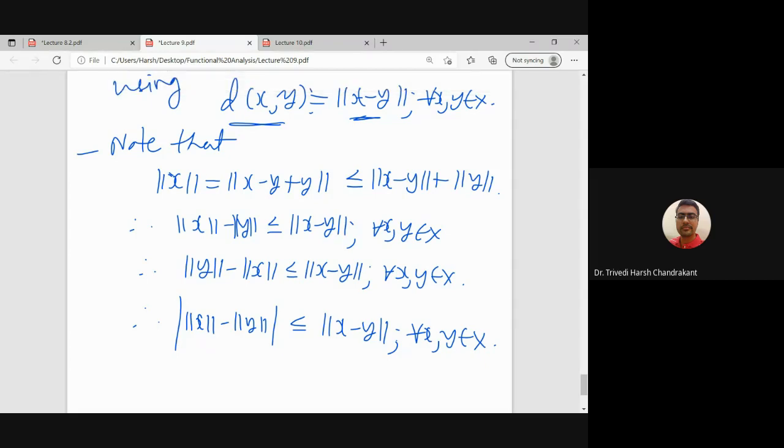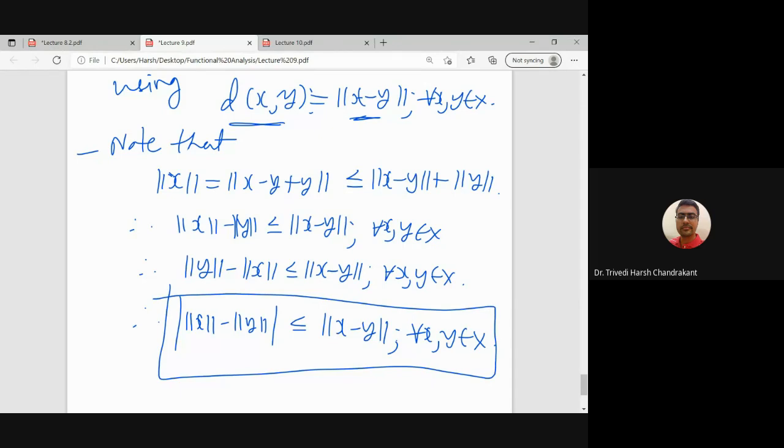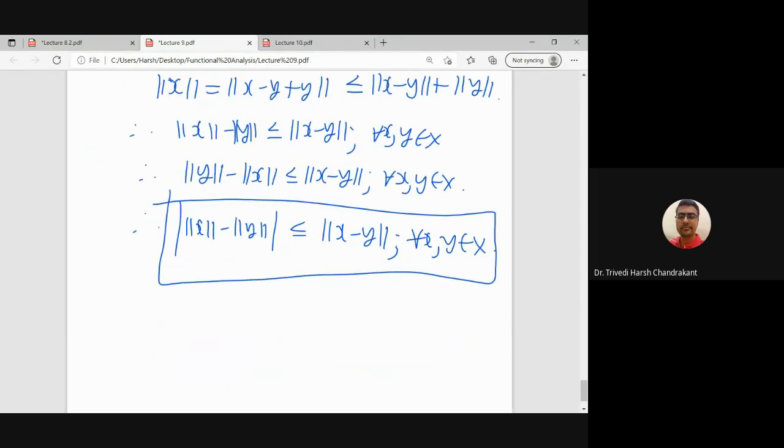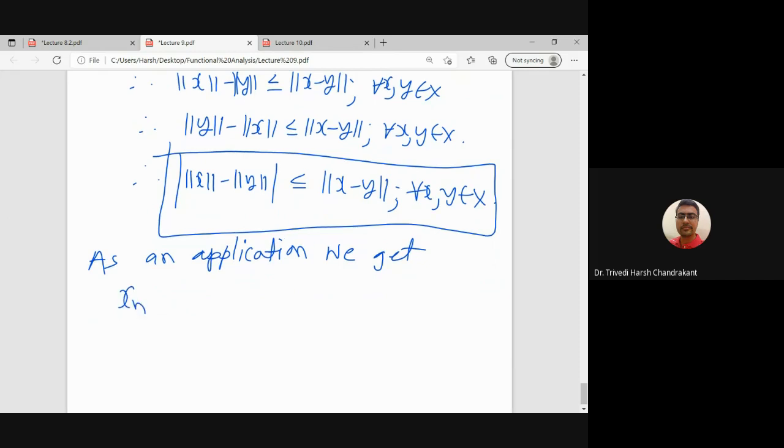So how will this inequality be used? This inequality is very useful. If xn is a sequence in x which converges to x, then norm of xn minus x is less than epsilon.